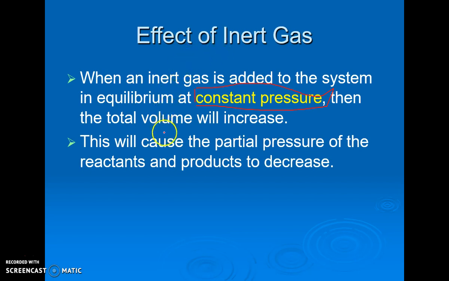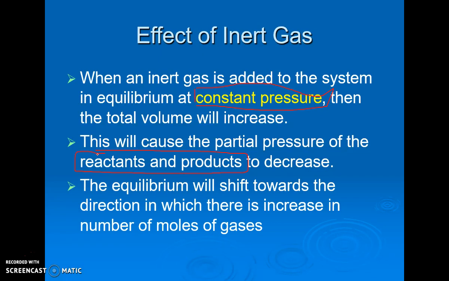As a result, that will cause the partial pressure of the reactants and products to decrease. So if you change the partial pressure of the reactants and products, that is going to cause the equilibrium to shift towards the direction in which there are more moles of gas.